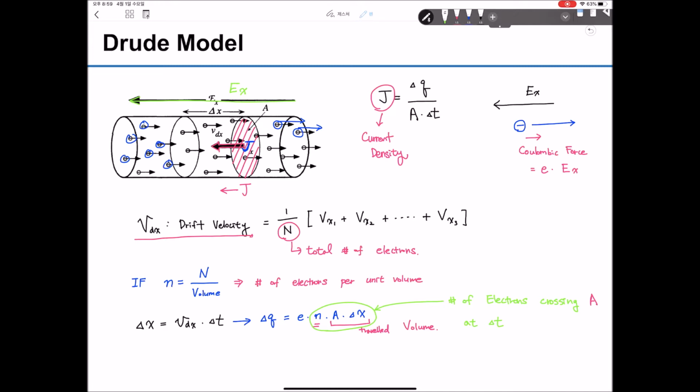So here what you can find is that if you plug in this expression into the original equation, then the current density in x direction will become, by definition, delta Q over A times delta t. However, you can express this as the electron charge of a single electron times number of electrons per unit volume times cross-sectional area times drift velocity in x and change in time, over area times delta t. And finally, you get charge of a single electron times number of electrons per unit volume times drift velocity.